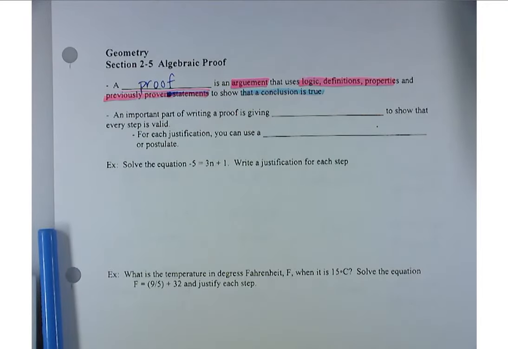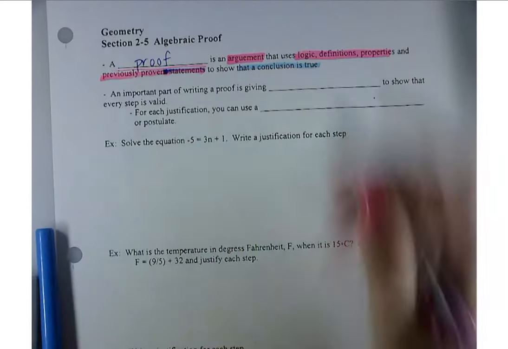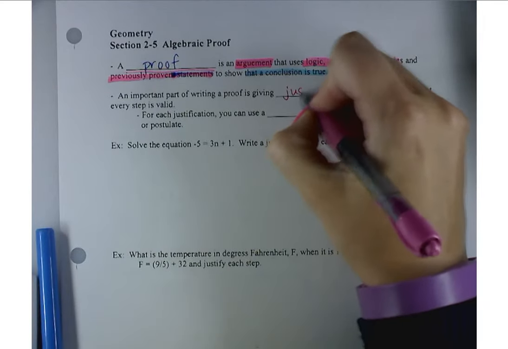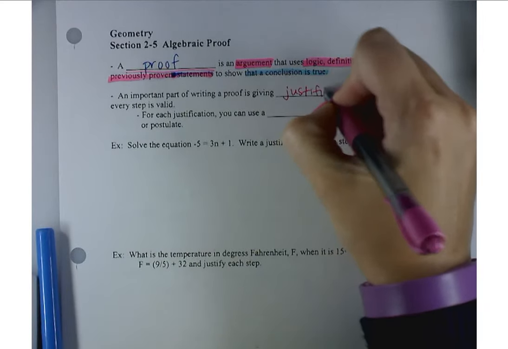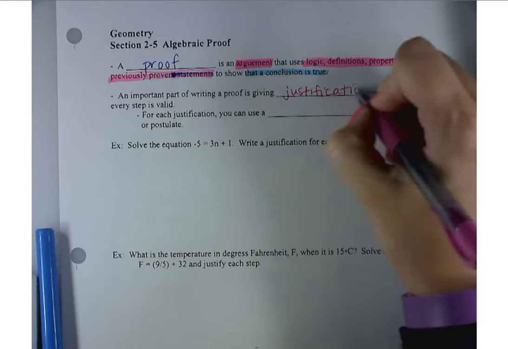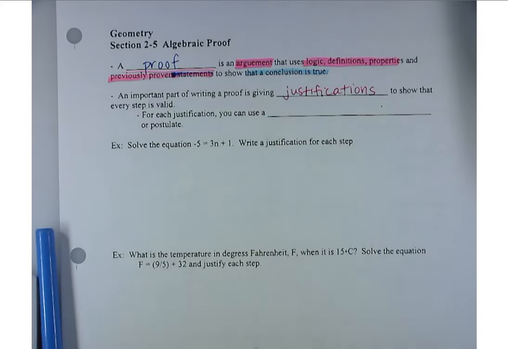So an important part of writing a proof is giving what is called justifications. You probably have heard the term justify a lot, so justify your answer, which means to do what? Yeah, you're trying to give evidence to show that that's true.